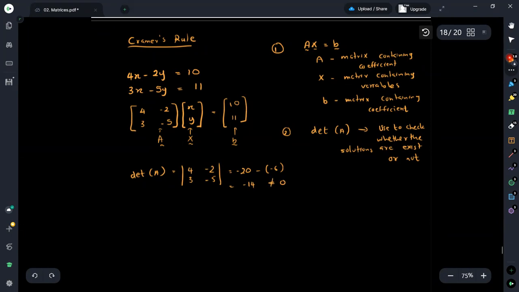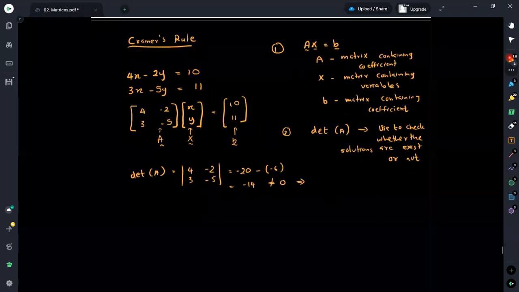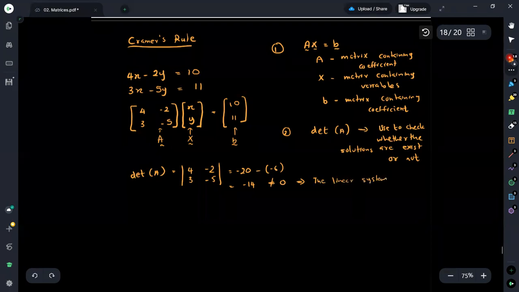Since this is not equal to 0, A inverse exists, and we can say that the linear system of equations has a finite solution.